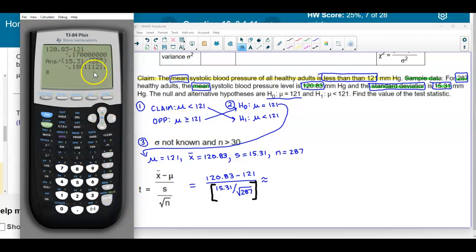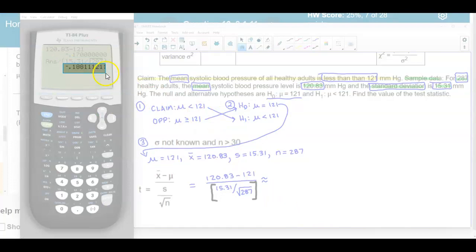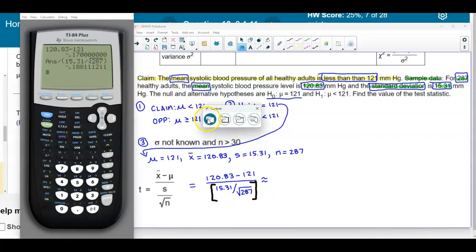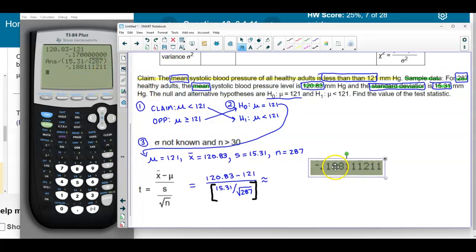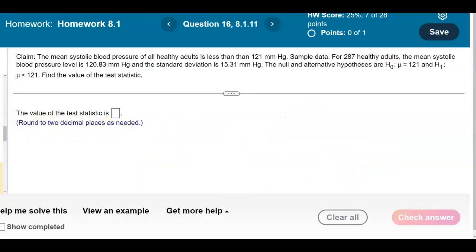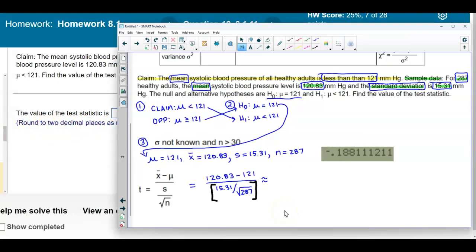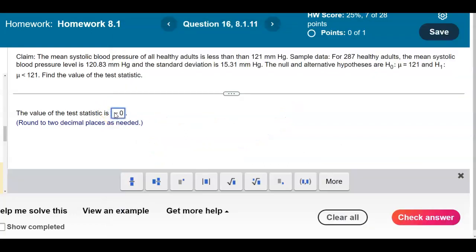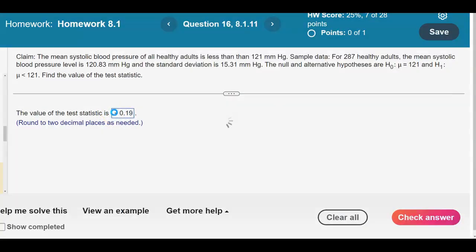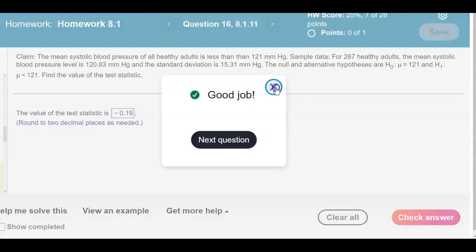Press enter, and then we get this result here. So let's go ahead and copy our result. And now we need to round that to 2 decimal places because it's asking us to round to 2 decimal places. So that means it's going to be negative 0.19 as our test statistic, our t-test statistic. So we're going to get negative 0.19. Press enter, and there is our answer.